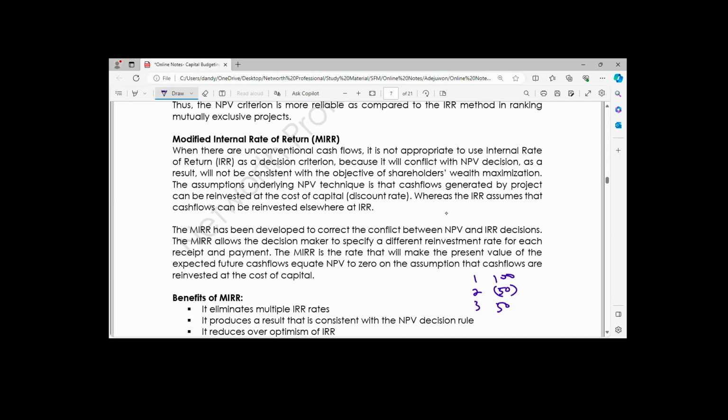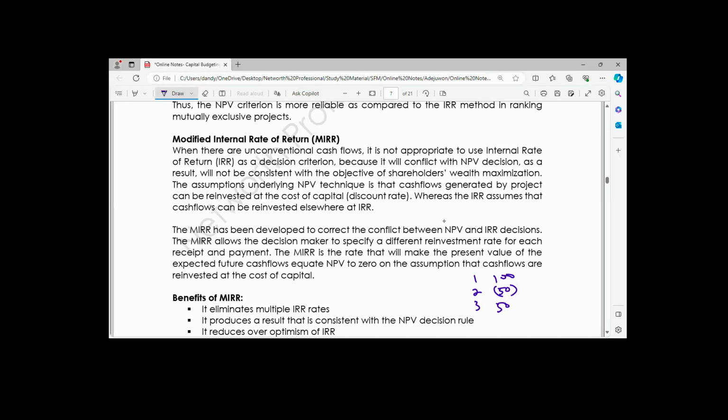That is why this modified internal rate of return was developed to correct those anomalies, such that the future cash flow that the project is expected to generate can be reinvested elsewhere at the company cost of capital, okay, at the company cost of capital. So that is the introduction to the modified internal rate of return.